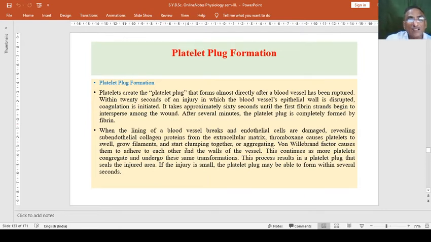When the lining of a blood vessel breaks and endothelial cells are damaged, subendothelial collagen proteins from the extracellular matrix are revealed. Thromboxane causes platelets to swell, to grow filaments and start clumping together.